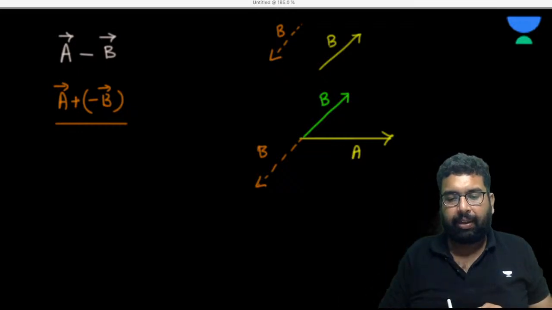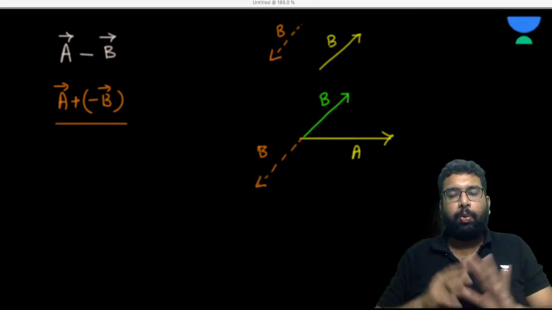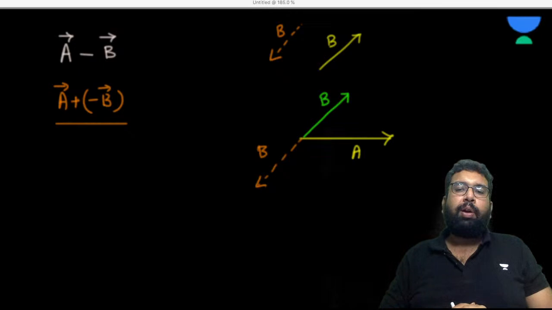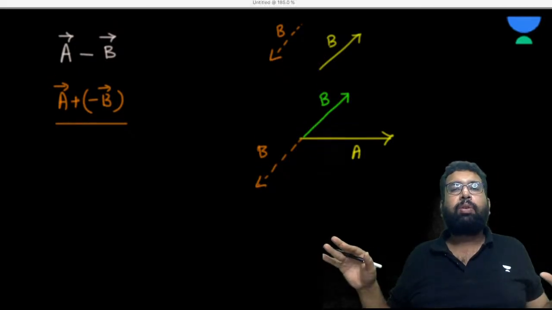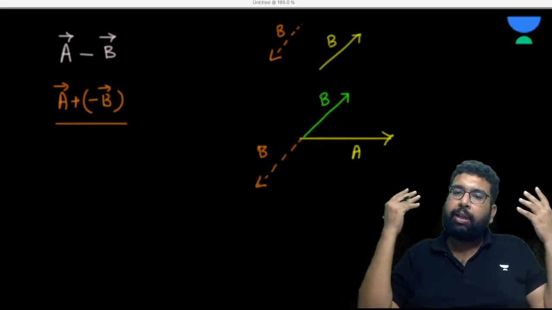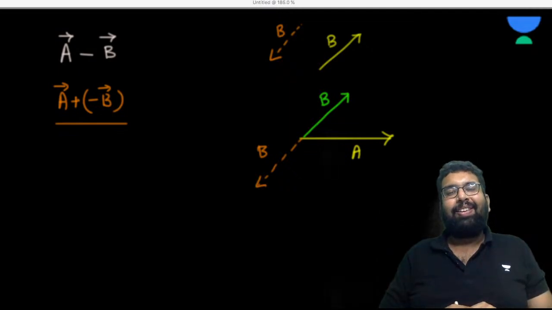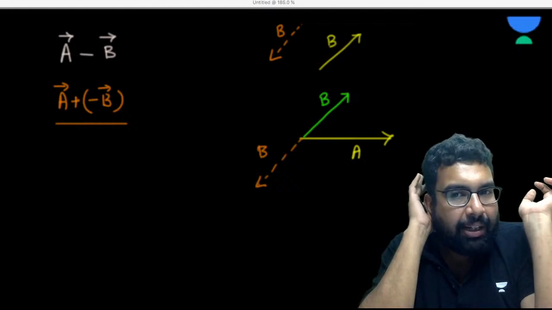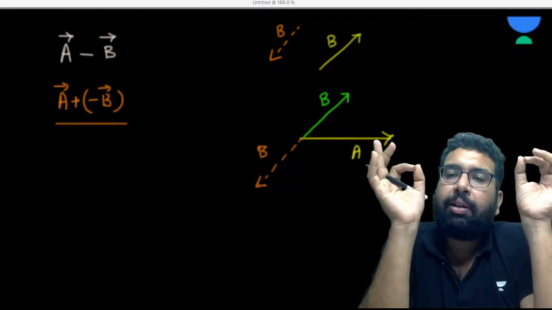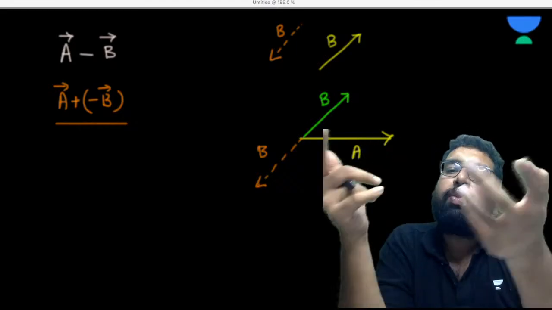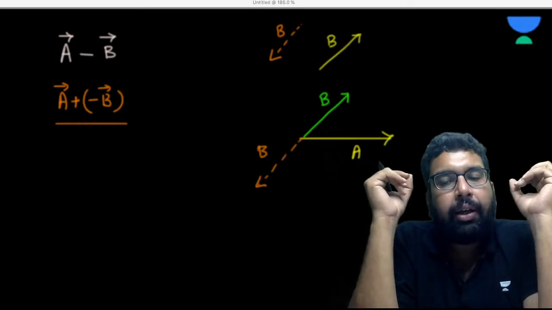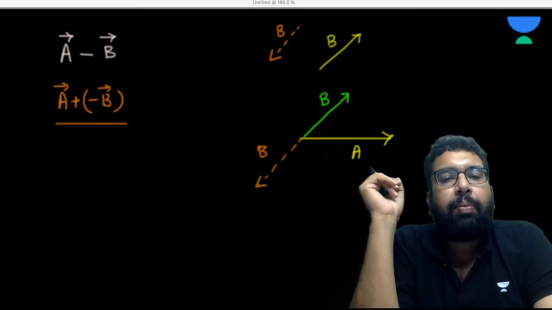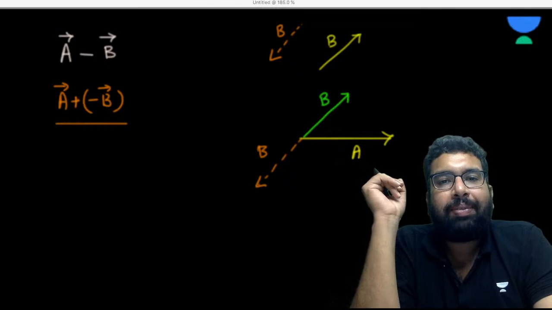Do you understand what I'm trying to tell you? There is nothing like subtraction. Two vectors are never subtracted, they are always added. You always get the resultant. So when you write A minus vector B, it doesn't mean anything but A plus the negative of vector B. Are you getting my point? Please answer me.